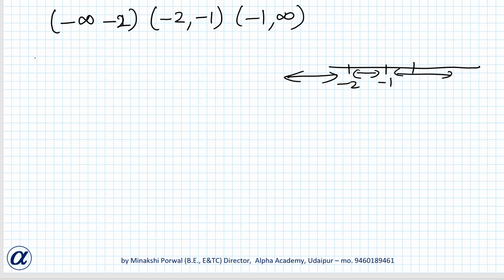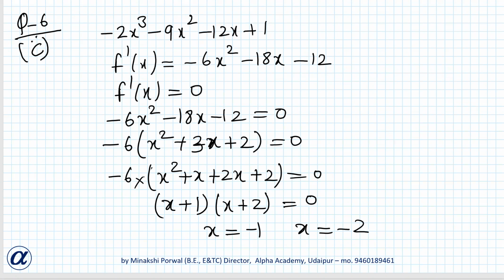Okay. So now we'll check the interval minus infinity to minus 2. Suppose we are taking minus 3. When we put minus 3 here, x square will be positive, and so this will be negative.